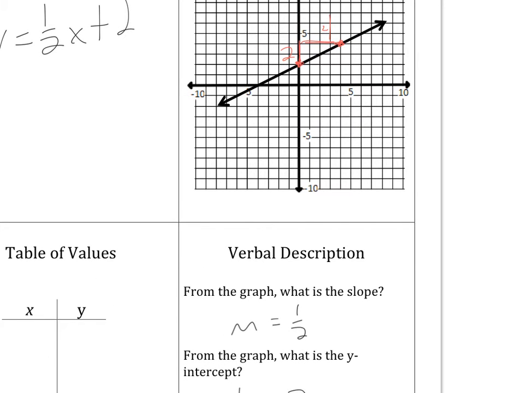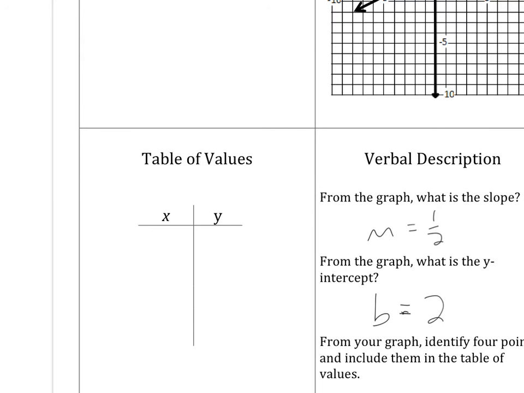Well, we have that y-intercept of 0, 2. We have 1 to the left of that at -1, positive 2. There's another point there, positive 2, positive 3, and then another one over here, 4, 4. So those are the ones we'll include in the table of values. -1, positive 2.